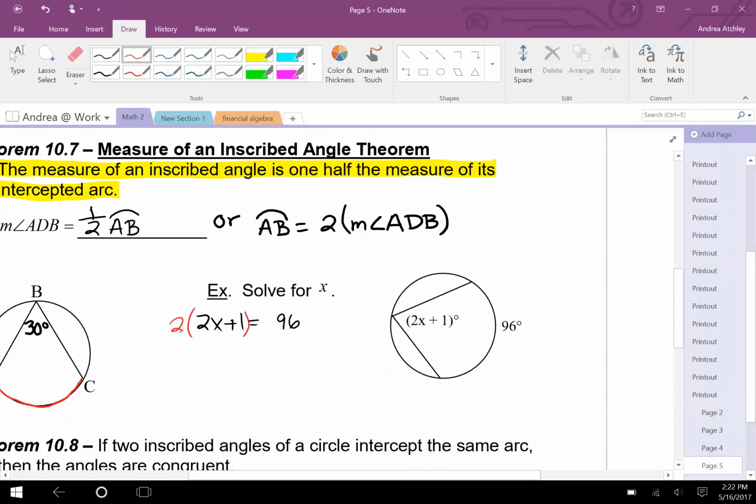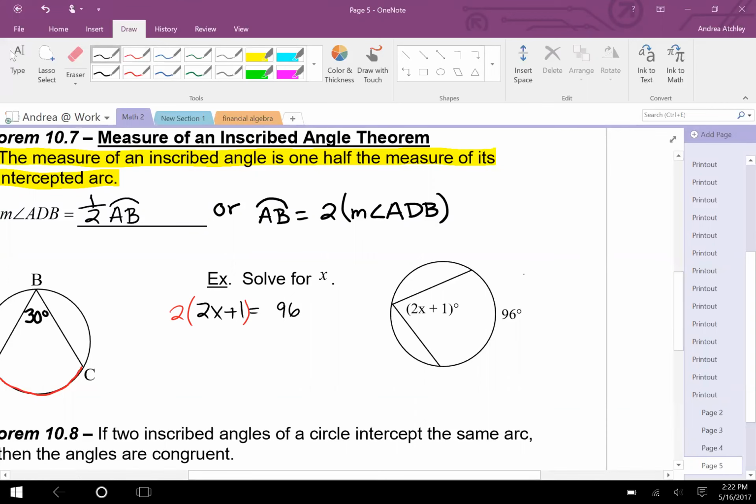I could do it differently. Anyone have another idea? Yep. Very good. Or I could say that 2x plus 1 equals 96, and it's half of 96, so you divide it by 2. Either way, you can set this equation, it will work with the same answer.